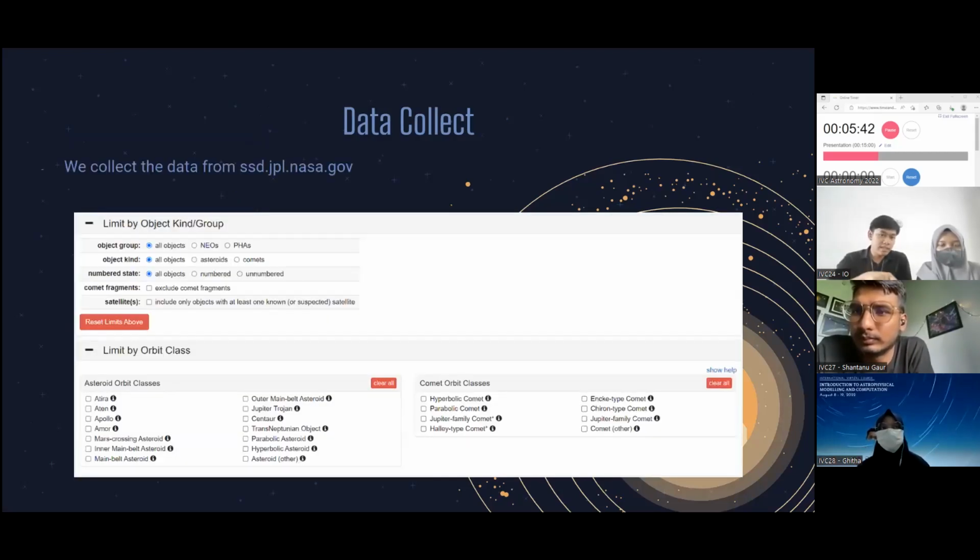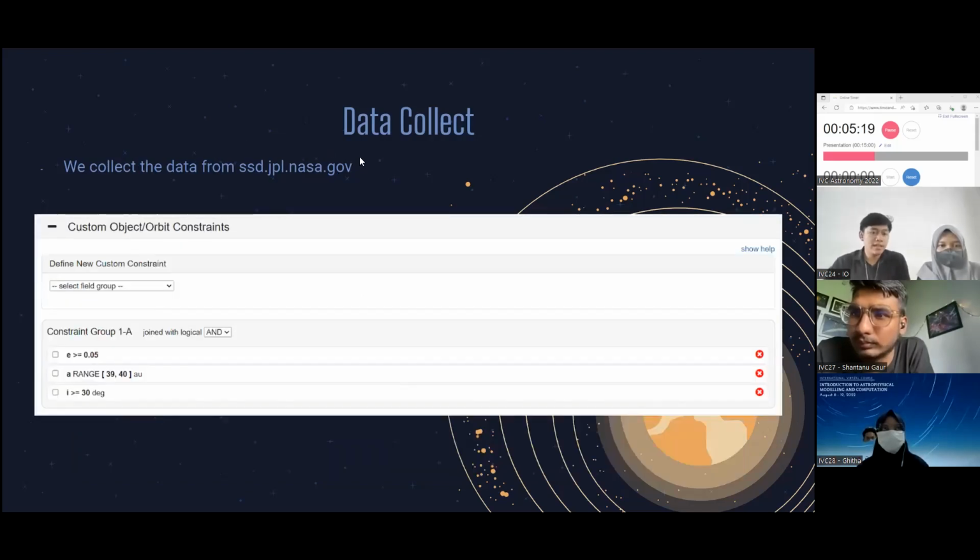As you can see on the website, first we collect the asteroid data. We can choose what kind of object we want, and we choose asteroid, and then limit by orbit class. We choose the trans-Neptunian object. Then we can customize the object or orbit constraints.